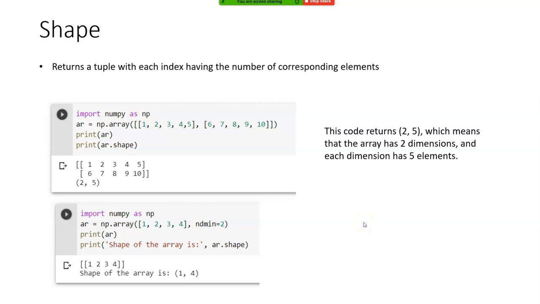Do you understand shape? I've given another example. Here I'm creating an array using the ndim keyword also. Remember we saw previously ndim can return the number of dimensions in my data set. Similarly, ndim can be used to create an array also.